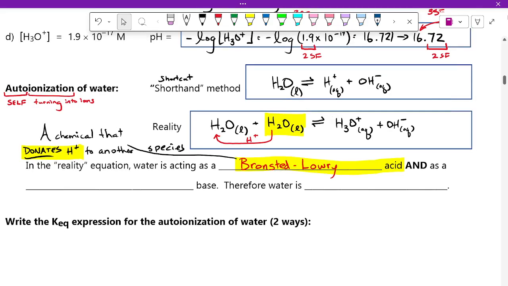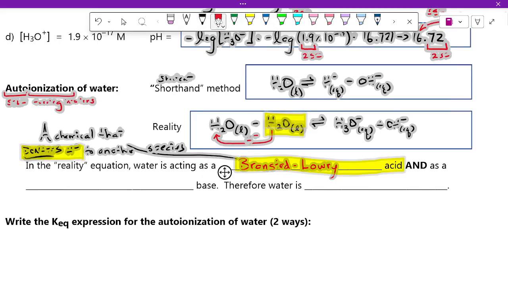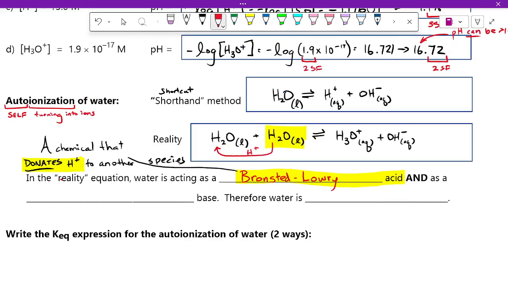Now, the other water is called a Bronsted-Lowry base. And if you want to get really fancy, you can put the umlaut on the O. You don't have to. Now, our Bronsted-Lowry base, it is a substance that does what?